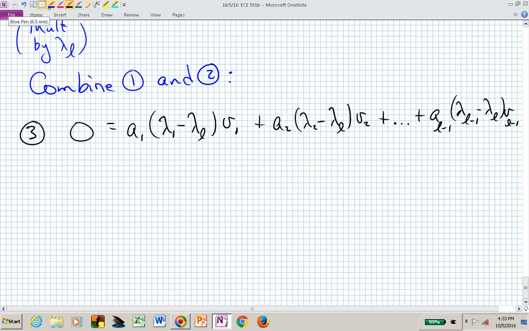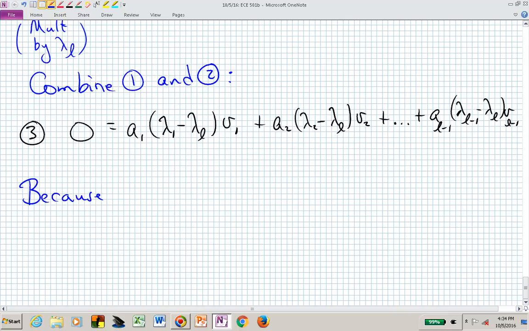And now we can go back to our earlier assumption on how we arranged these V's. Remember, we put these V's in a particular order. What do we know about vectors V1, V2, up to V sub L minus 1? Or what do we know about V sub L? V sub L was in the span of these, and V sub L was the very first vector to be in the span of the preceding vectors.